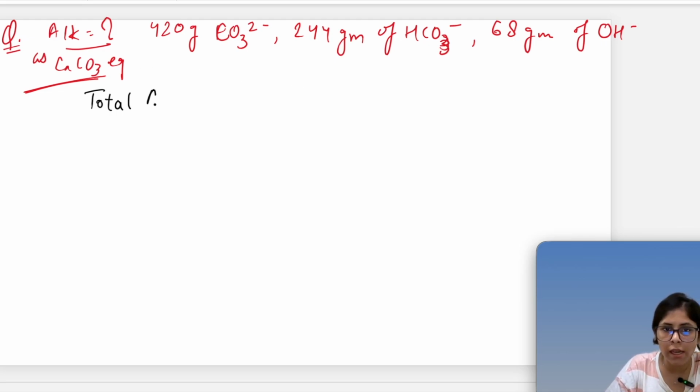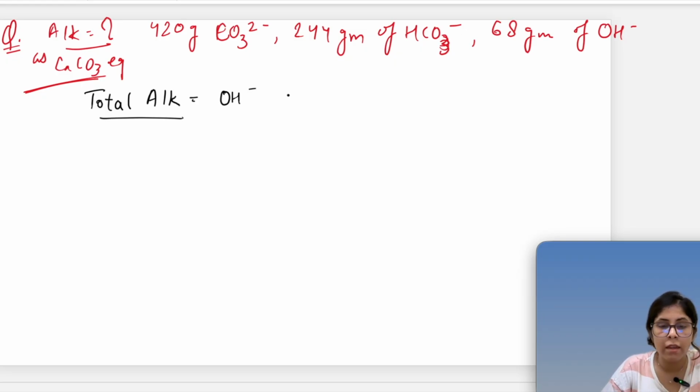So the total alkalinity is nothing but the gram equivalent or moles of OH minus, plus HCO3 minus, plus CO3 2 minus, minus the H plus ion.